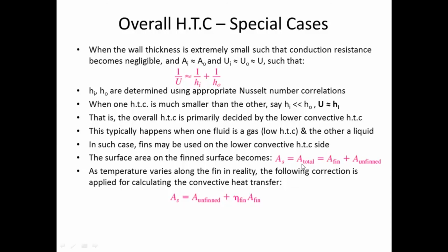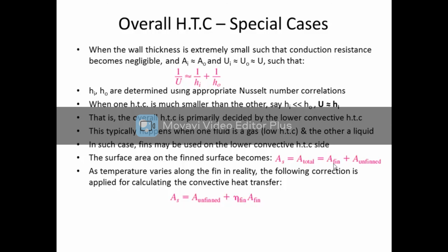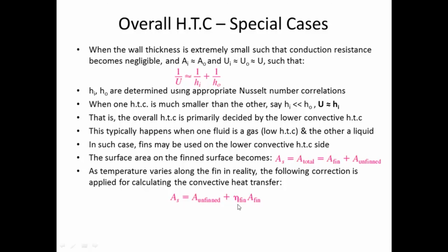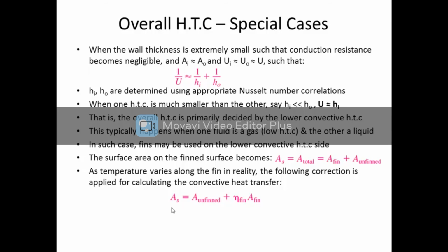For the fin surface, the total surface area becomes the sum of the finned and the unfinned areas in the ideal case, if the entire surface is at the same temperature. But since the temperature varies along the fin, we have to use an effective area for the finned surface, so that will be given by the product of the fin efficiency and the actual finned surface area. So this will be the formula to be used for the area of a finned surface.